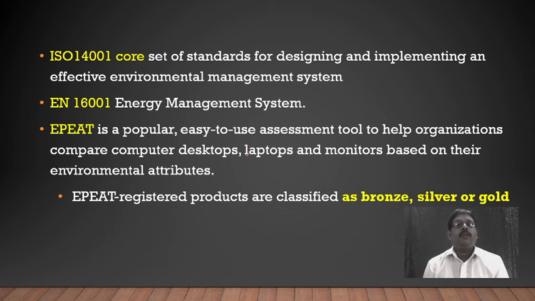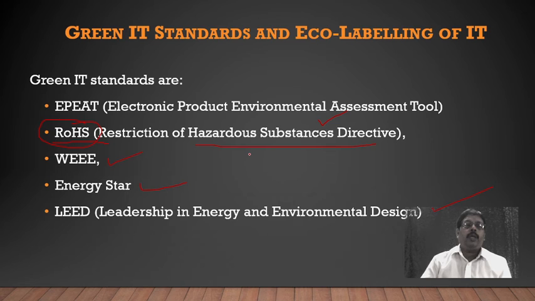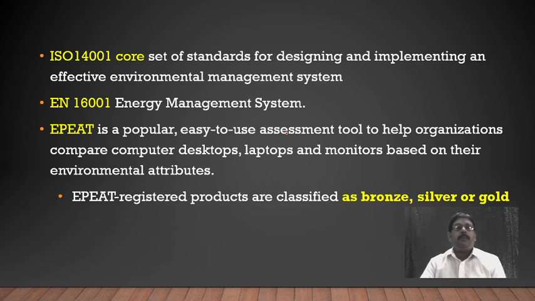Then EN 16001, it is for energy management systems. EPEAT, the Electronic Product Environmental Assessment Tool, is actually an easy-to-use environmental assessment tool. It can be used by organizations to compare computers, desktops, laptops and monitors based on their environmental attributes.